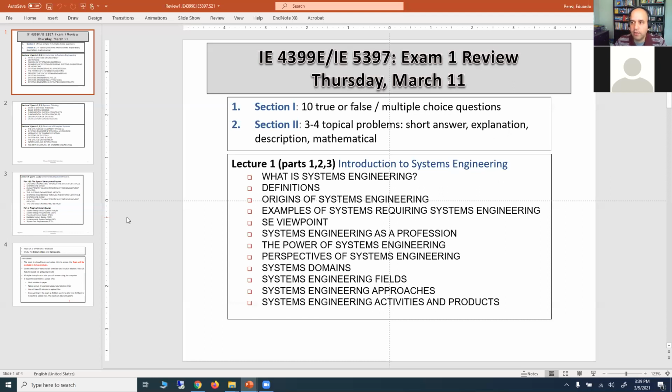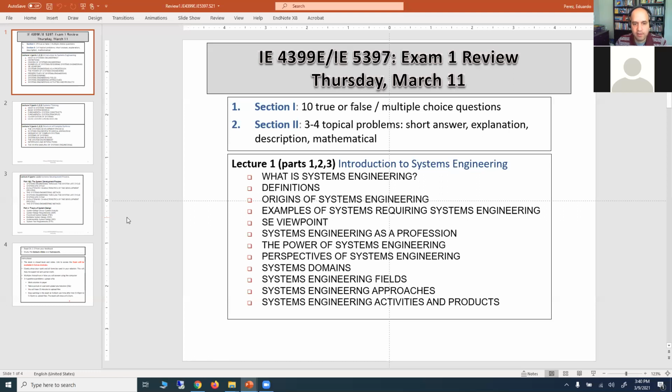We did an introduction, the definition of systems engineering, the origins, the viewpoint, and how systems engineering is different from other disciplines in engineering. What is the power of systems engineering? What are the domains, the fields, the approaches, and the activities and products?